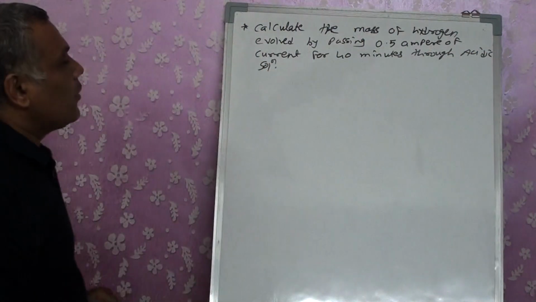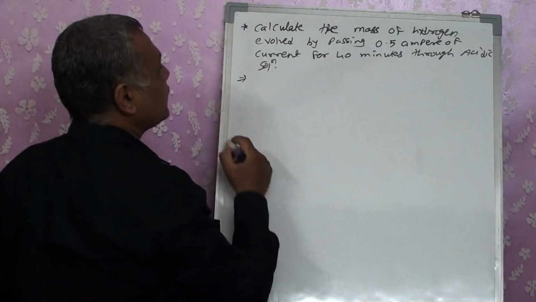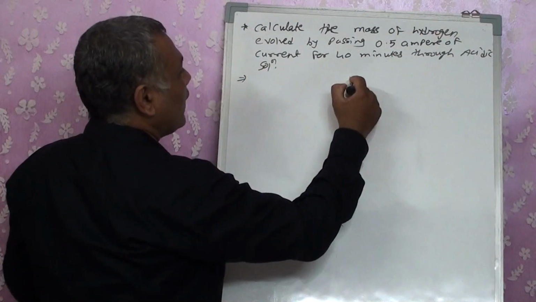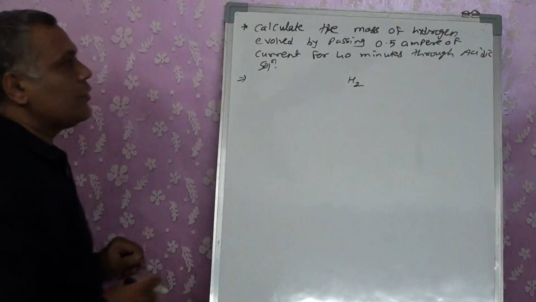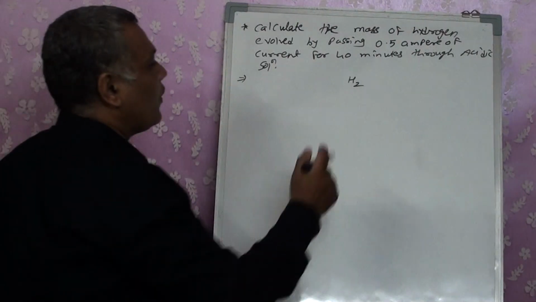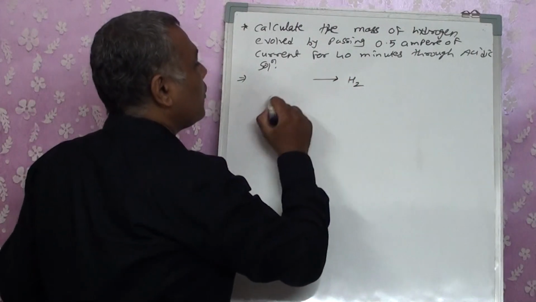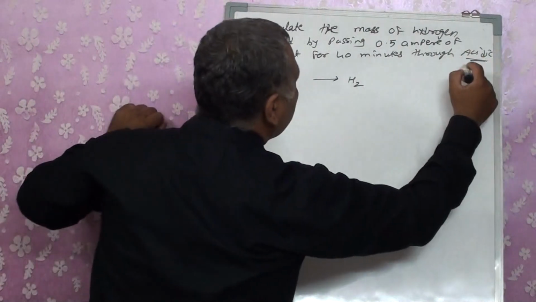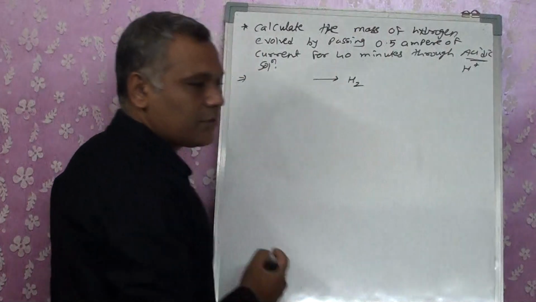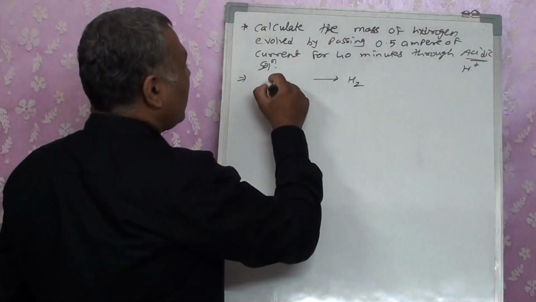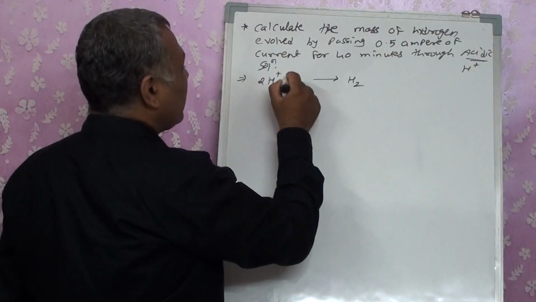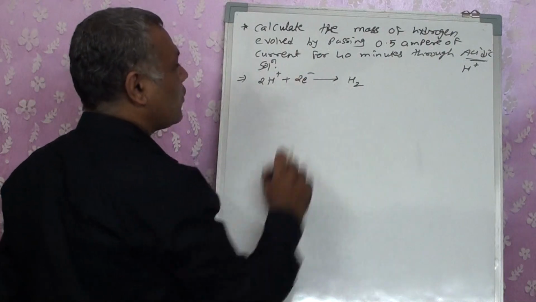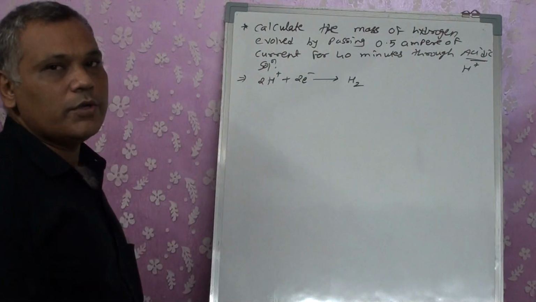That means for this reaction I want to produce H2, hydrogen that is evolved. Now when I want to produce hydrogen, what is the possible reaction? In acidic solution, acidic means H plus is present. In the solution H plus is there. So can I write 2H plus plus 2 electrons gets converted into H2.